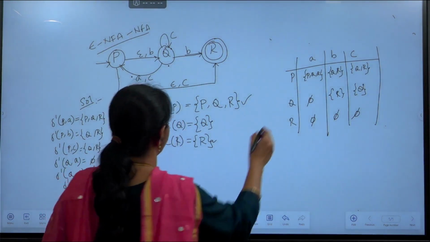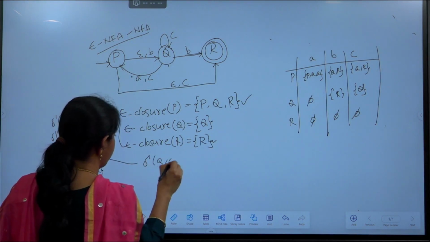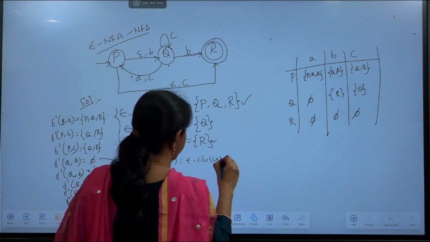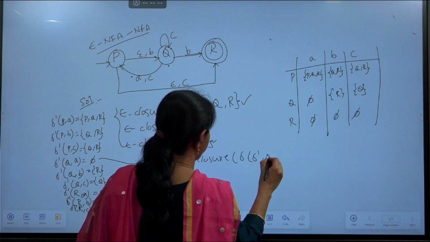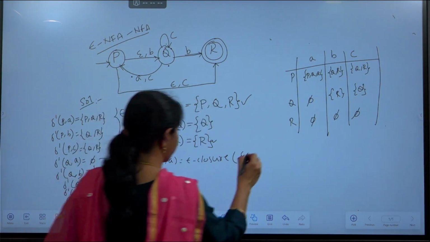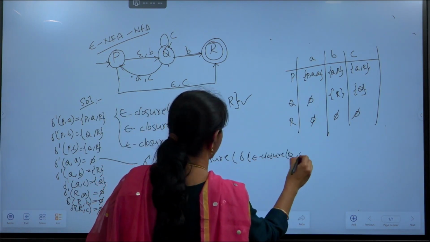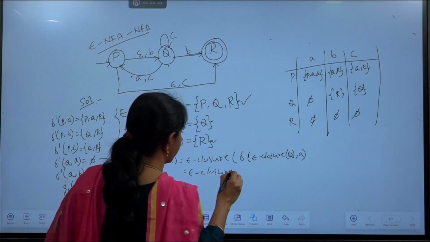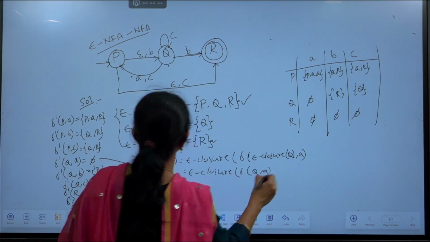So again we will perform delta dash of Q comma A once, because delta dash of Q comma A is epsilon closure of delta of epsilon closure of Q on input alphabet A. So epsilon closure of Q is Q, comma A. What is Q comma A?